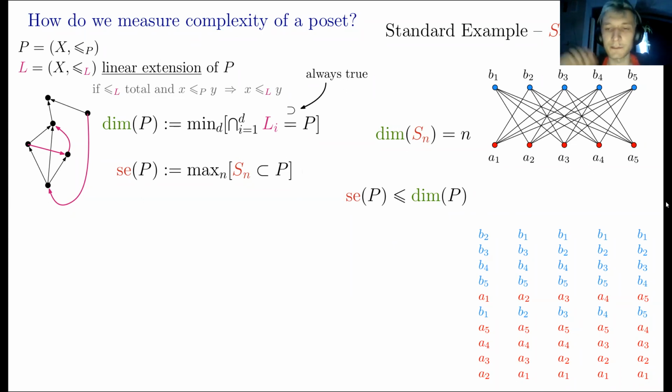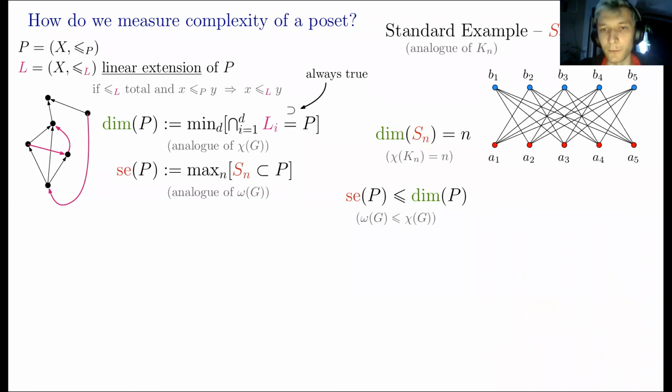Okay, and now I already made some remarks about some analogical phenomenon between posets and graphs, and now I will do more of them because in some sense, dimension is analogous to the chromatic number. In some sense, standard example is analogous to the complete graph.